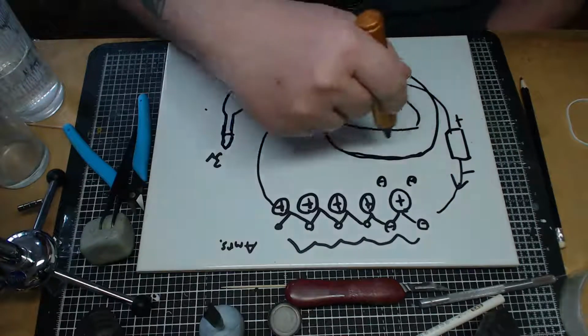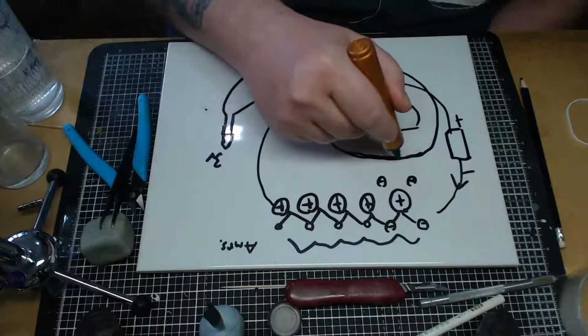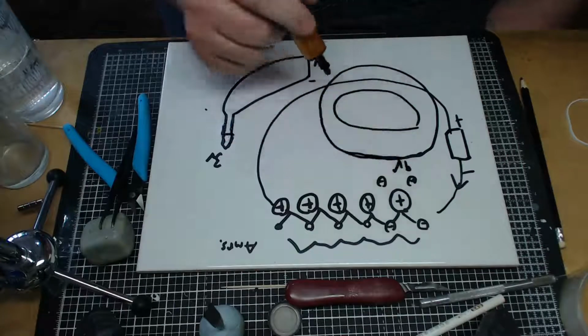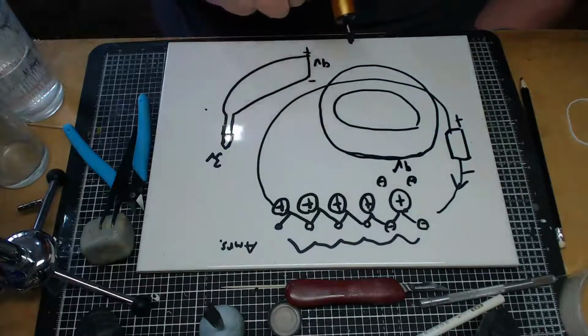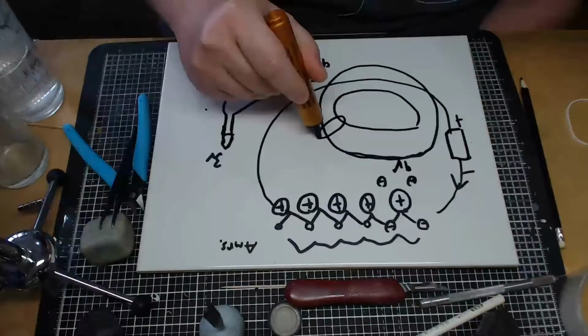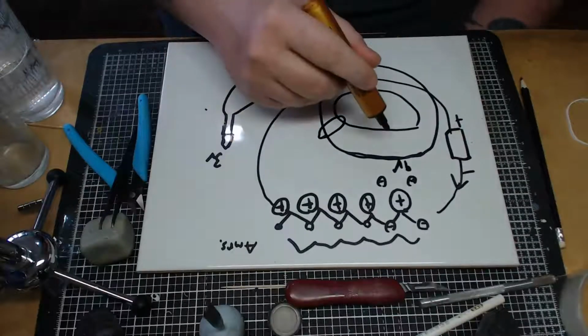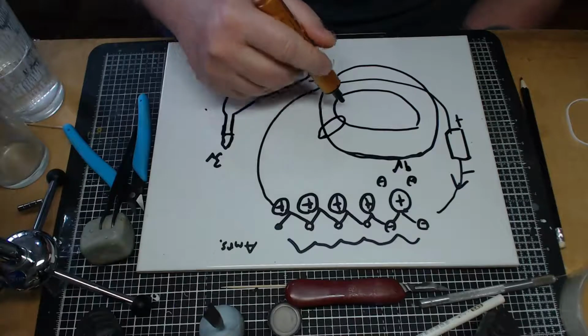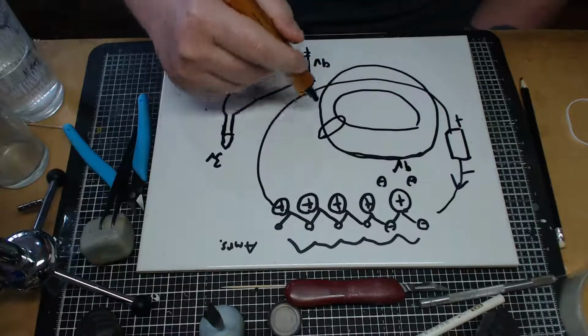When it's full up with traffic, that's 9 volts, right? Then you come to your LED here. But if 9 volts goes through that LED, it's all going to go wrong, right?